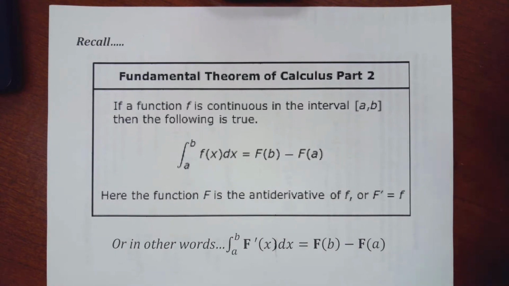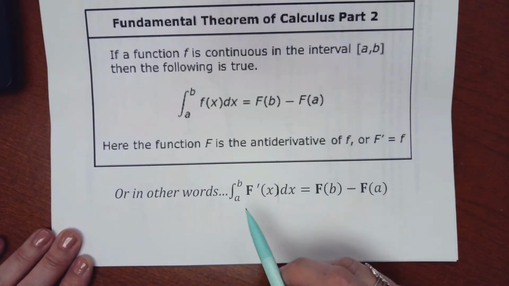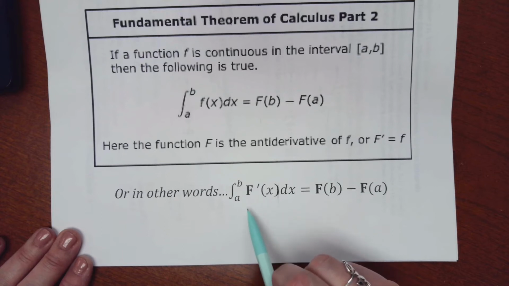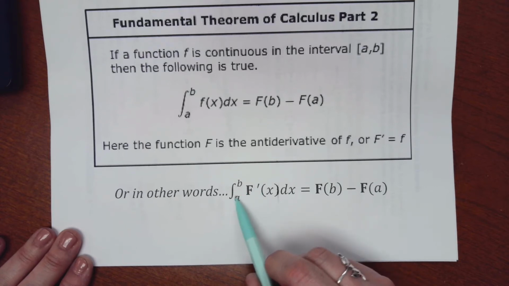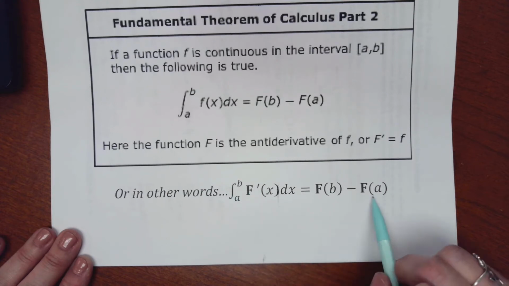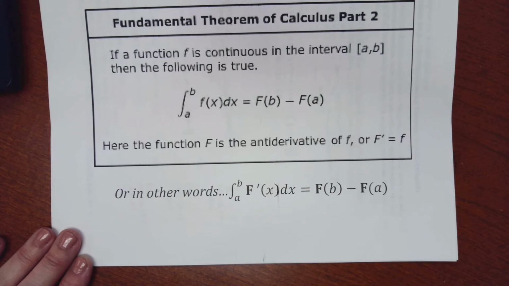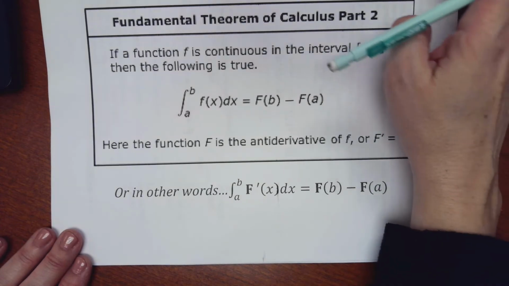So in other words, if you ever had something that was already the antiderivative right here, the integral and the antiderivative kind of knock each other out, like those cancel out, and you basically are plugging in b and a into your original function. So you did those a little bit. All right, so just remember that because you'll see it in a second.